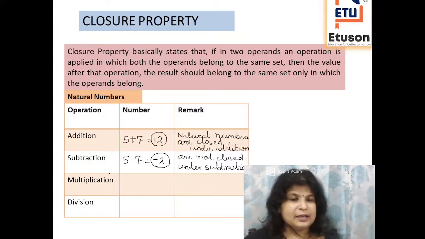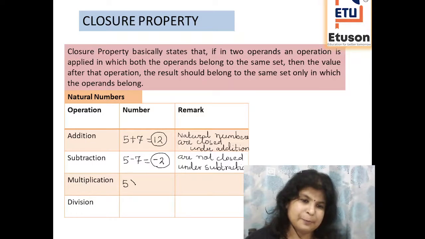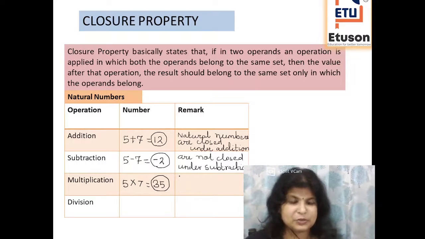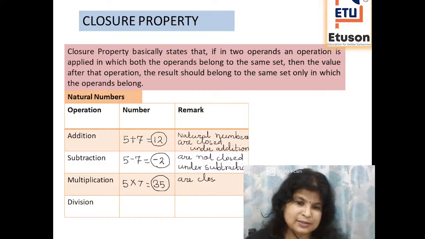Correct? Now considering the same two numbers, suppose I write 5 into 7. What's the value? 35. Is 35 a natural number? Yes, it is a natural number. So natural numbers are closed under multiplication.